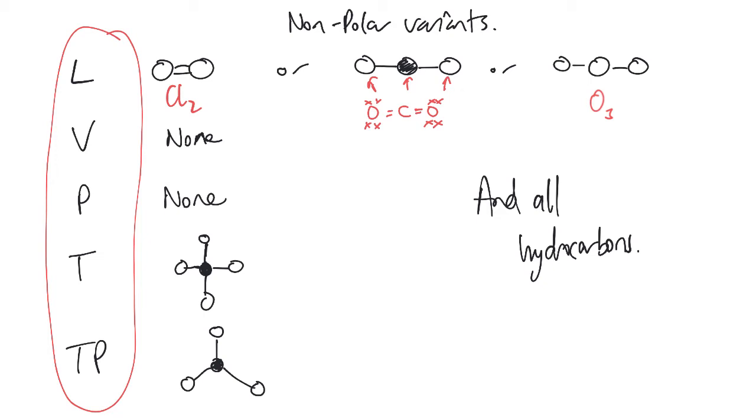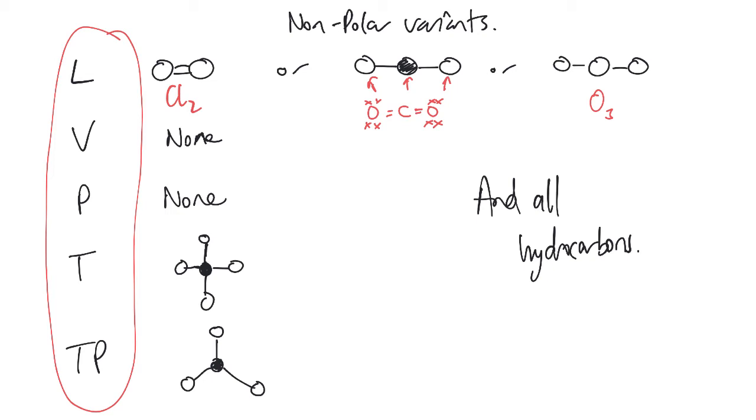Any other variant, such as 1 that is different and 2 that are different, or 2 of the same and 1 different, or even where all 3 are different, is going to be a polar variant. That's how you work out whether they are non-polar for linear.